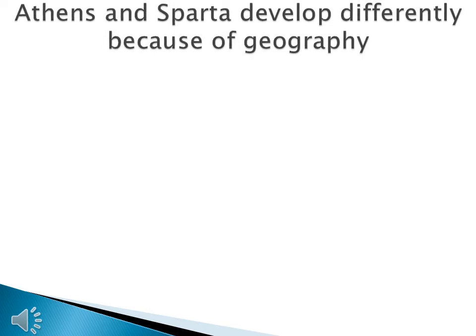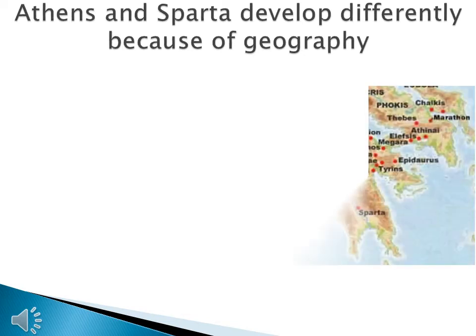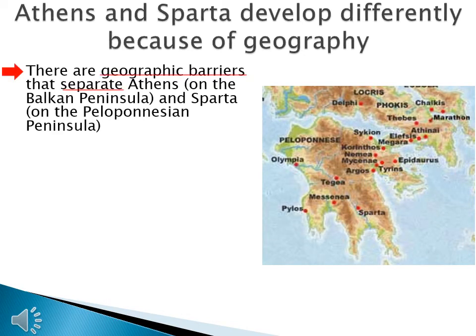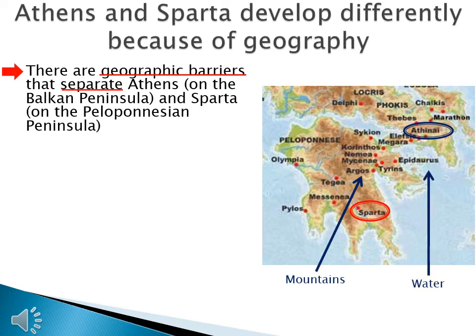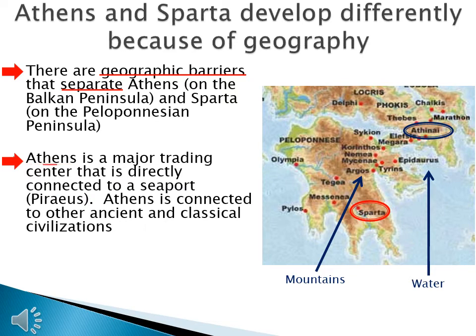Both Athens and Sparta are examples of Greek city-states or polises. But Athens and Sparta developed differently because of geography. There are geographic barriers that will separate Athens, which is on the Balkan Peninsula, from Sparta, which is on the Peloponnesian Peninsula. And the two big features are mountains and water. Because of this, Athens is a major trading center that is directly connected to a seaport.